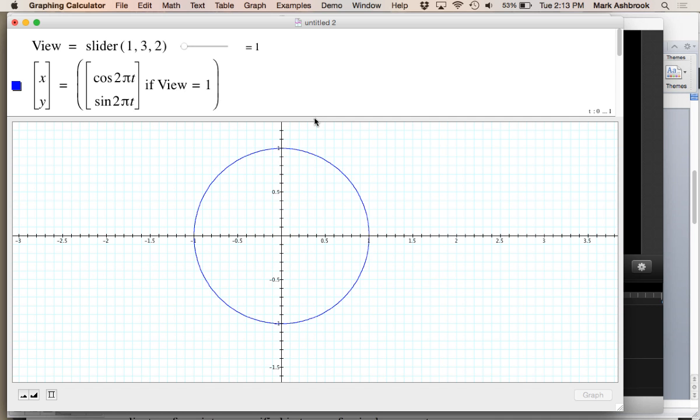the square root of cos 2 pi t, and then you would have minus 0, but we don't need that.